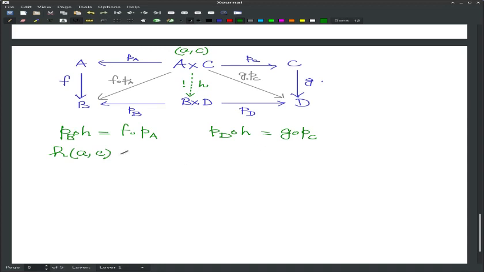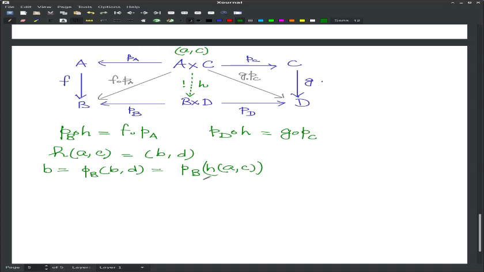This will come to some B and D over here. What is B? B is nothing else but PB of BD, which is PB of H of AC.